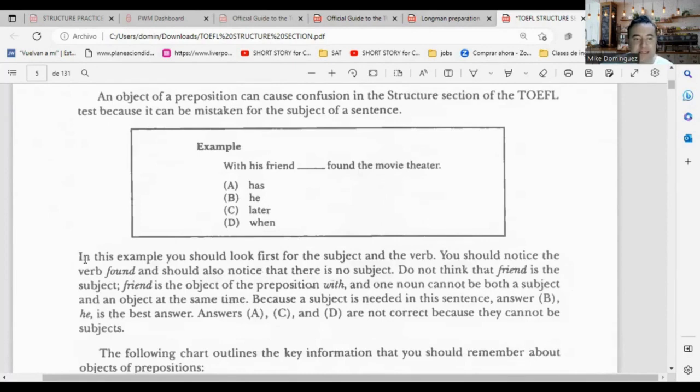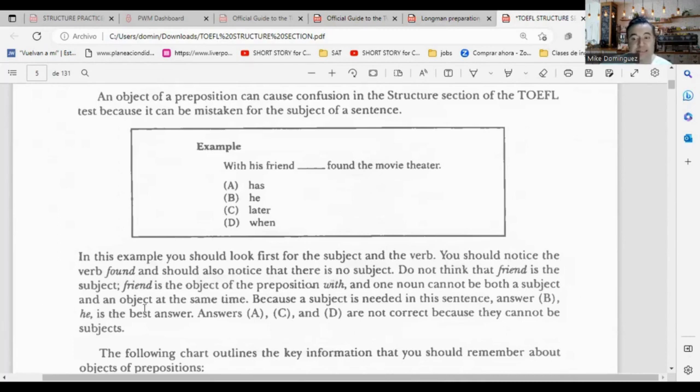In this example, you should look first for the subject and the verb. You should notice the verb "found" and also notice that there's not a subject. Do not think that "friend" is the subject. Friend is the object of preposition "with," and one noun cannot be both subject and object at the same time, because the subject is needed in the sentence.